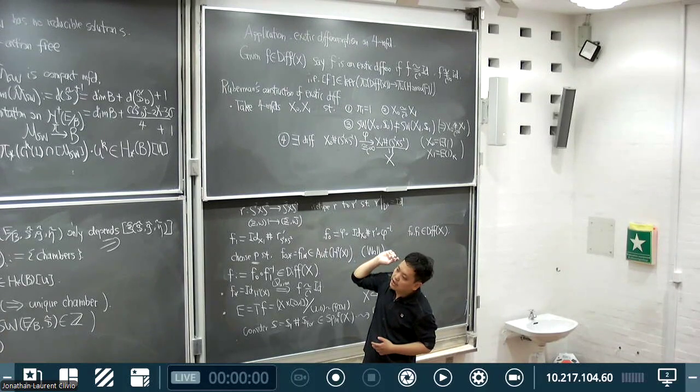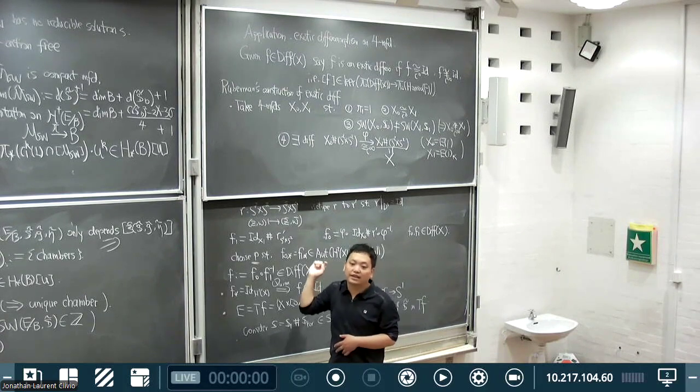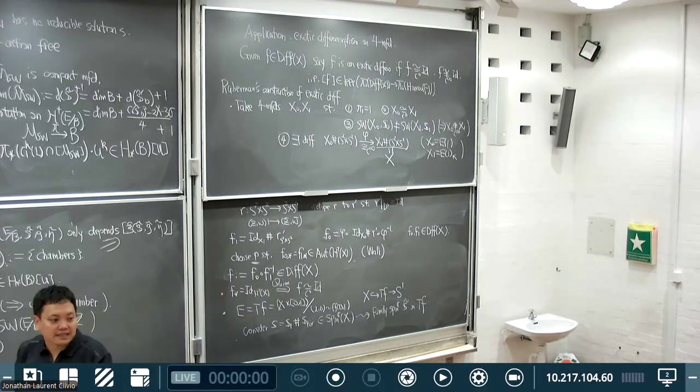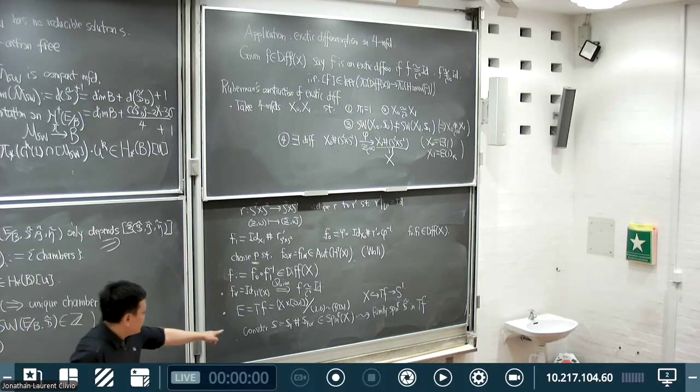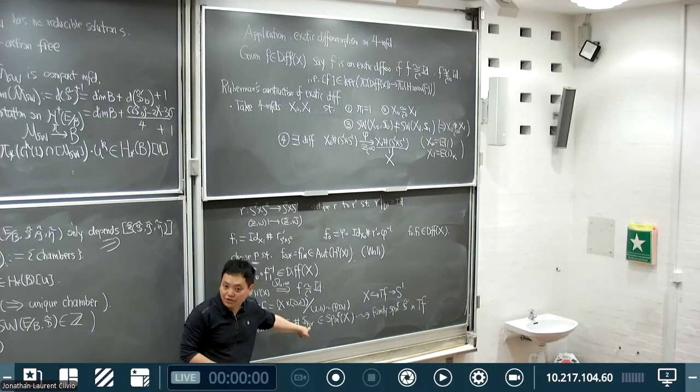That doesn't change the signature because the signature of S2 times S2 equals 0. But that increases B plus by 1 because B plus of S2 times S2 equals 1. And that doesn't change C1 squared because we are taking a connected sum with a torsion spin C structure. So C1 squared is unchanged.